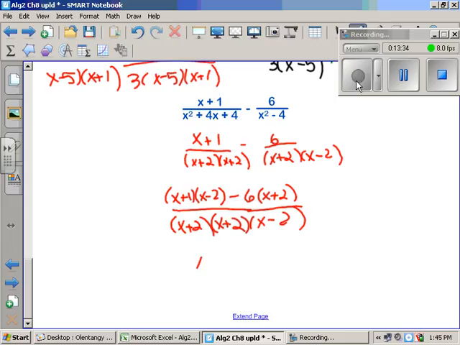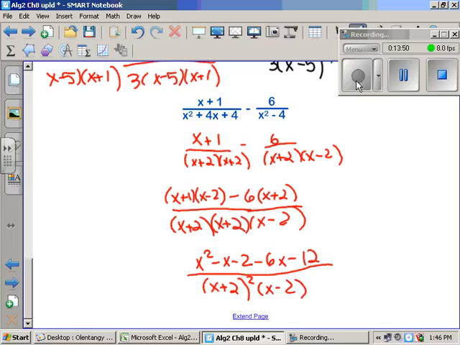So that's going to be x squared minus x minus 2 minus 6x minus 12 over all that stuff. x plus 2 times x plus 2 is x plus 2 squared, so I'm just going to shorthand that. All right, and then this simplifies to x squared minus 7x minus 14 over x plus 2 squared times x minus 2.